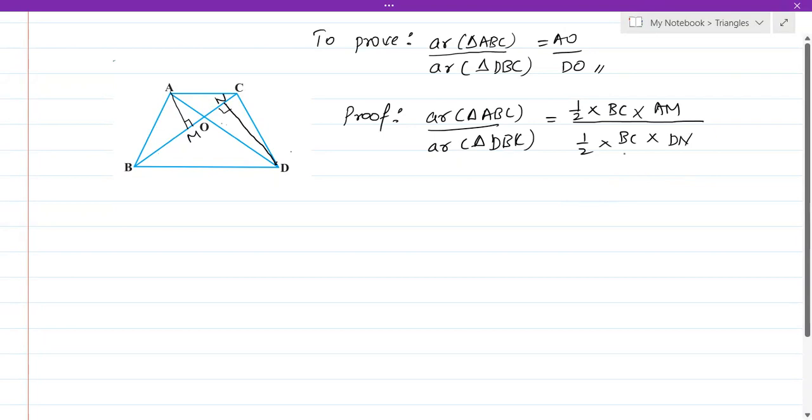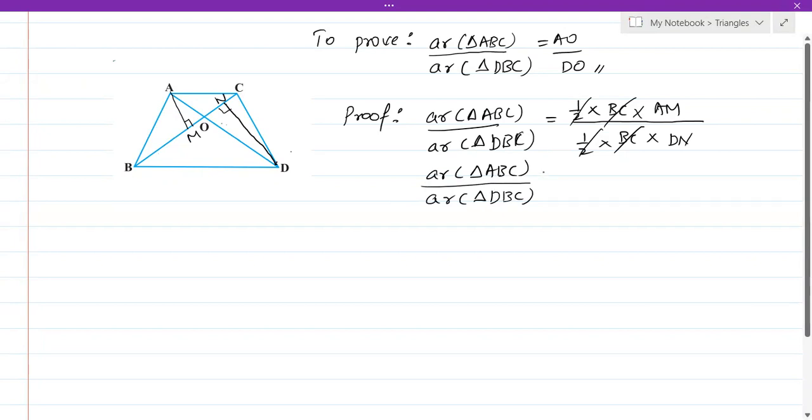The purpose of taking BC as the base is that both triangles have the same base, so we can cancel it. Half gets cancelled, BC gets cancelled.